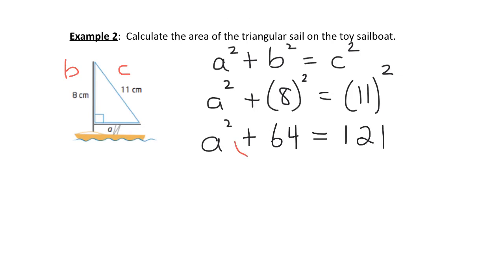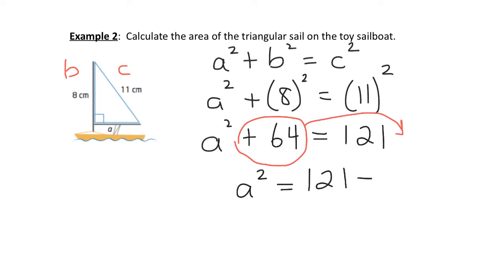So what that means is I'm going to take this positive 64 and I'm going to bring it over to the right-hand side of my equation. In doing that, it is going to become 121 minus 64. And 121 minus 64 is 57. So we've simplified it down to a squared equals 57.